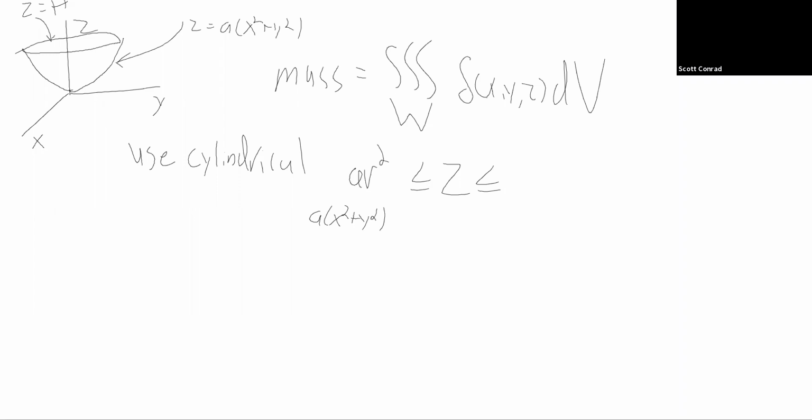And it's bounded above by z equals h, which in cylindrical coordinates is still h. Okay, so we have the bounds for z.